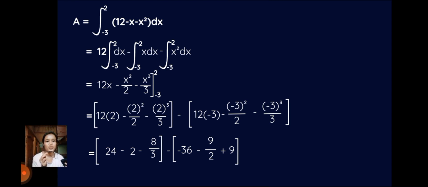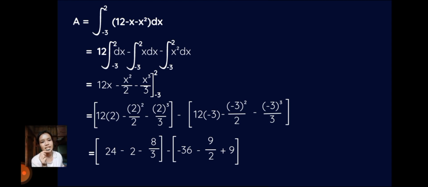For the second part, 12 times negative 3 is negative 36. Then, negative 3 squared is positive 9 over 2. Since it is minus, just copy. Negative 3 cubed is negative 27, divided by 3 is negative 9.